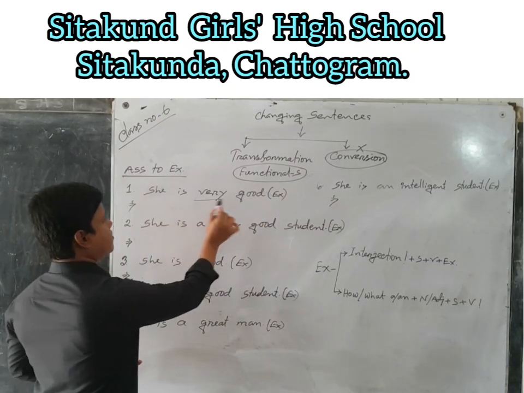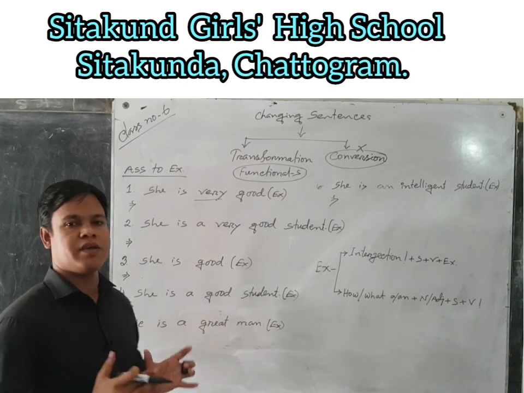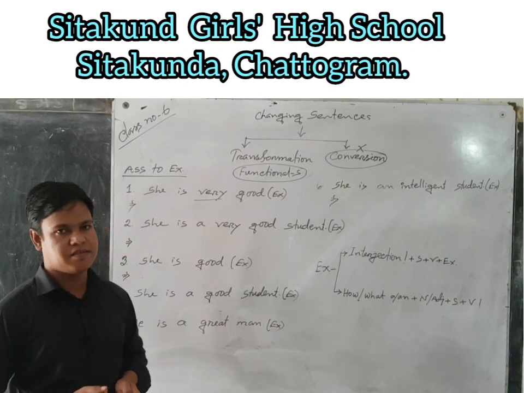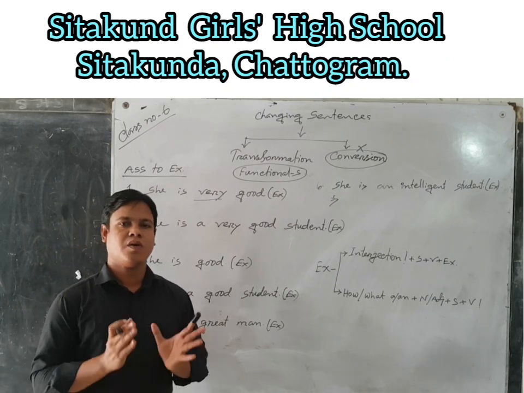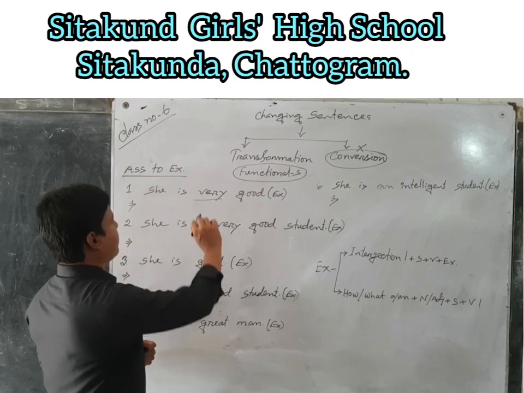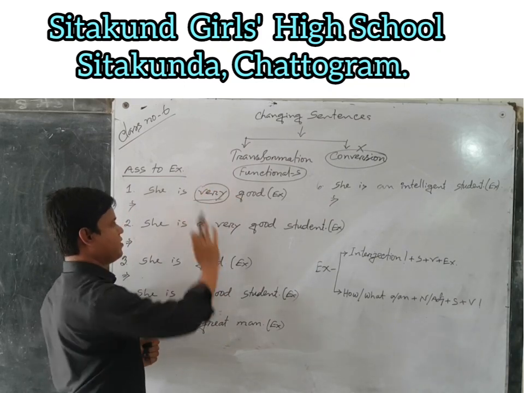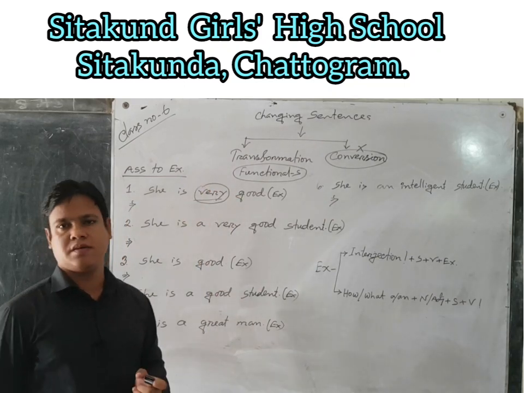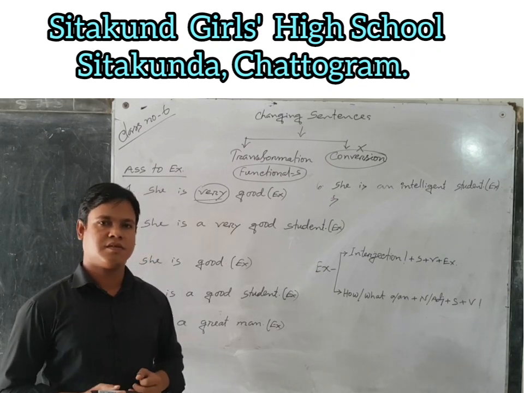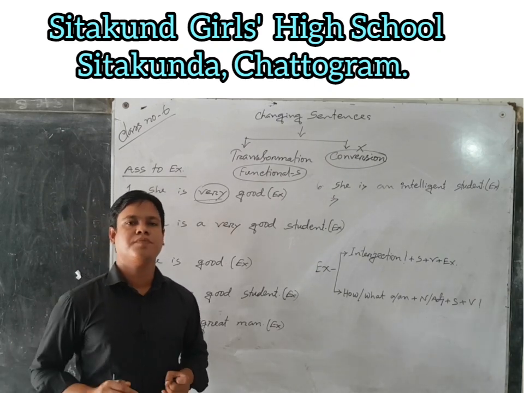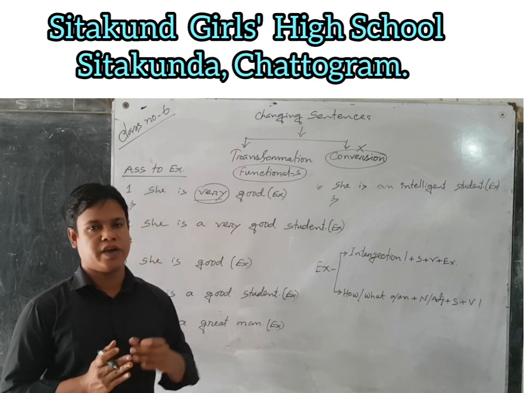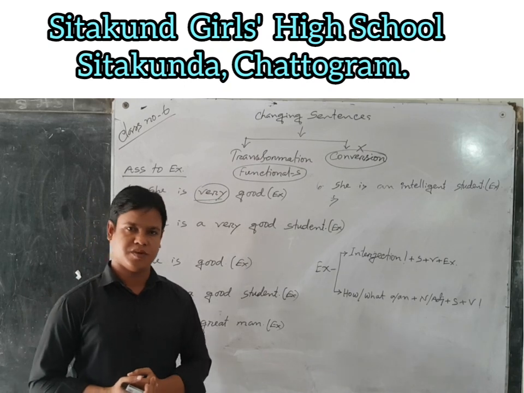She is very good. This is an example of an assertive sentence, and we see there is the word very. If there is very in the assertive sentence, we have to make it how when we go for exclamatory.